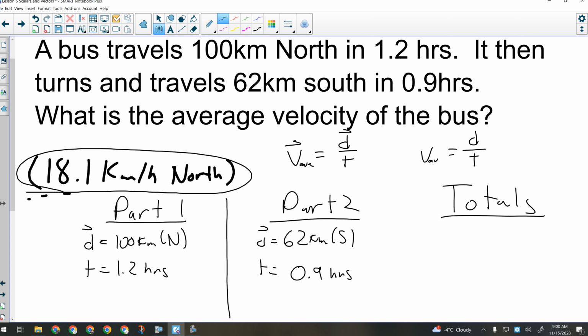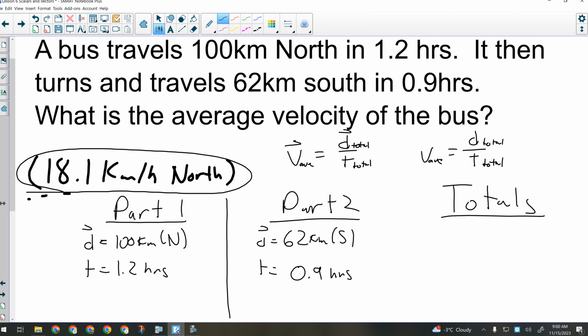Average velocity and average speed are the total displacement divided by the total time, or for speed, it's total distance divided by total time. Okay, we don't ever actually write those in the formula, but it's still true that those are what's applicable there.